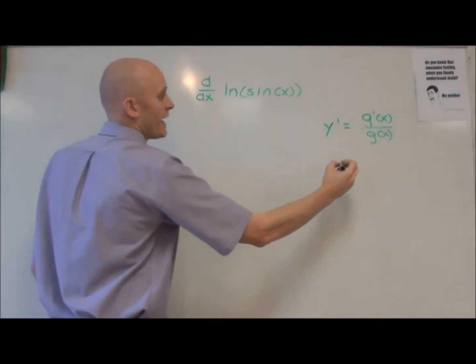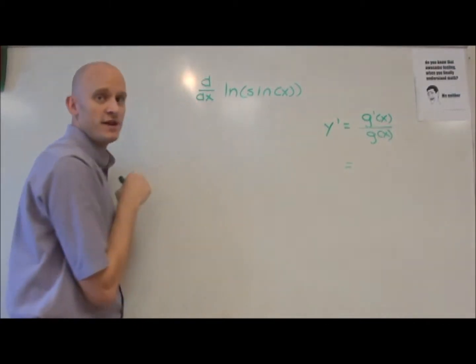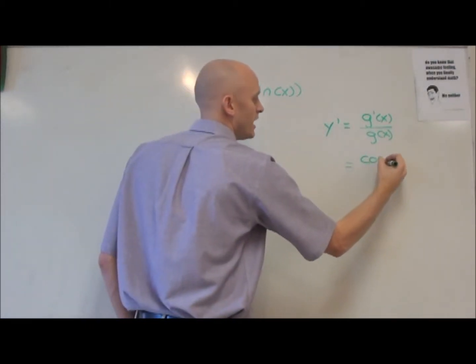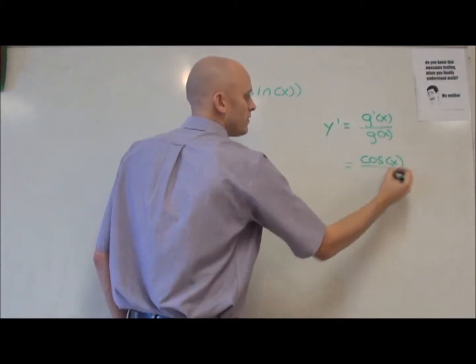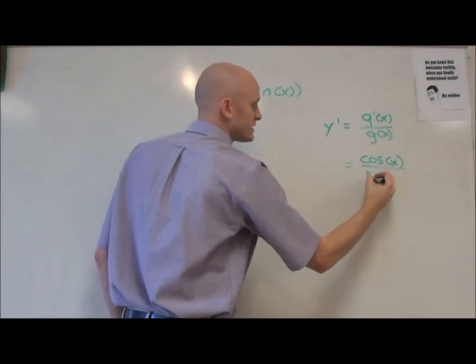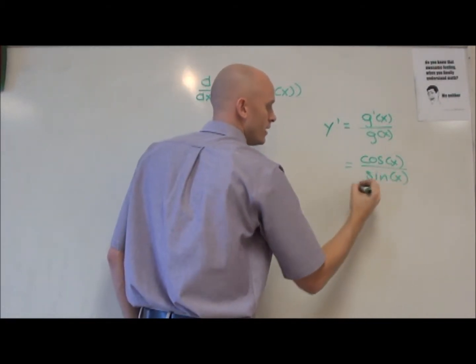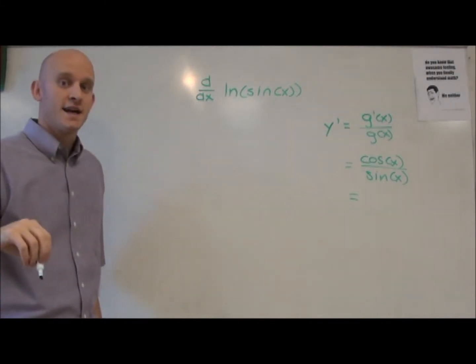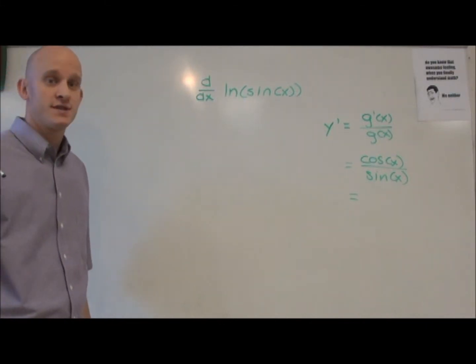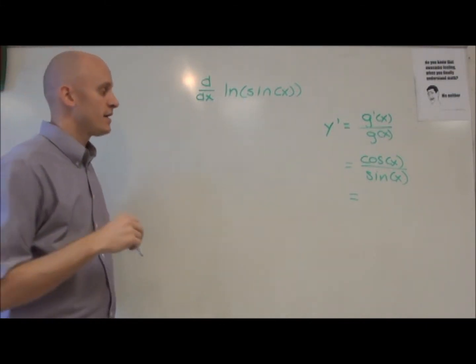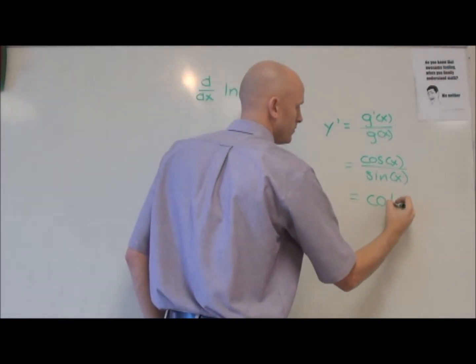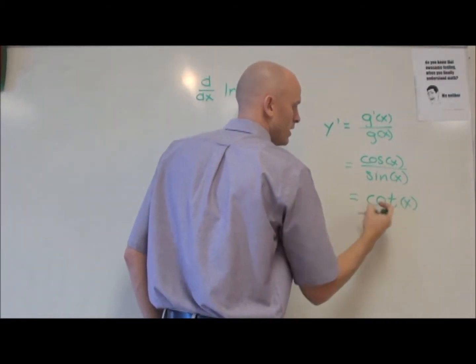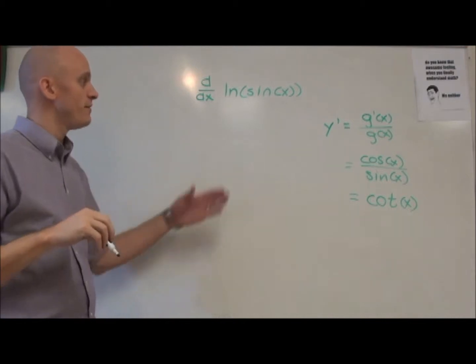So, showing that, we know that this is equal to the derivative of sine, which is cosine, over the inside function, sine. Using your trig identities, cosine over sine is cotangent. This would be our derivative.